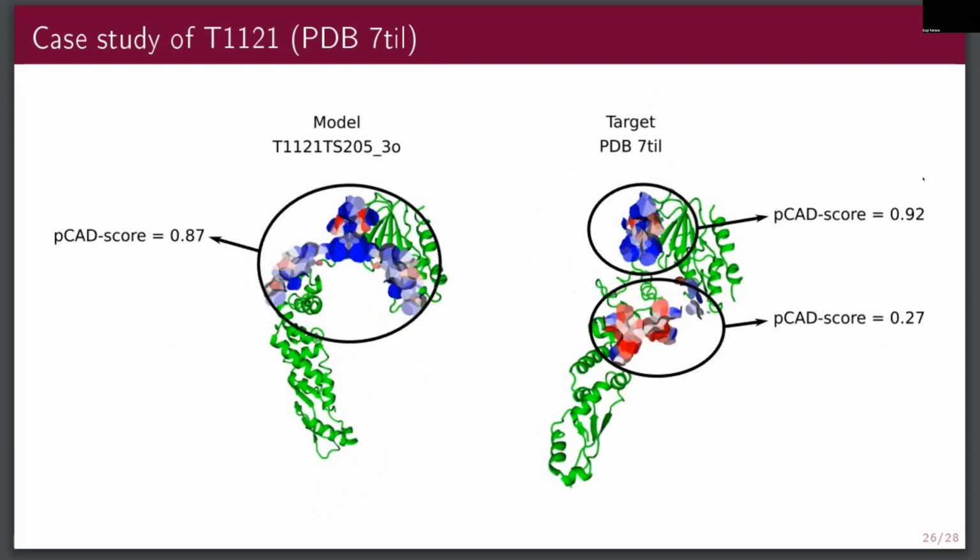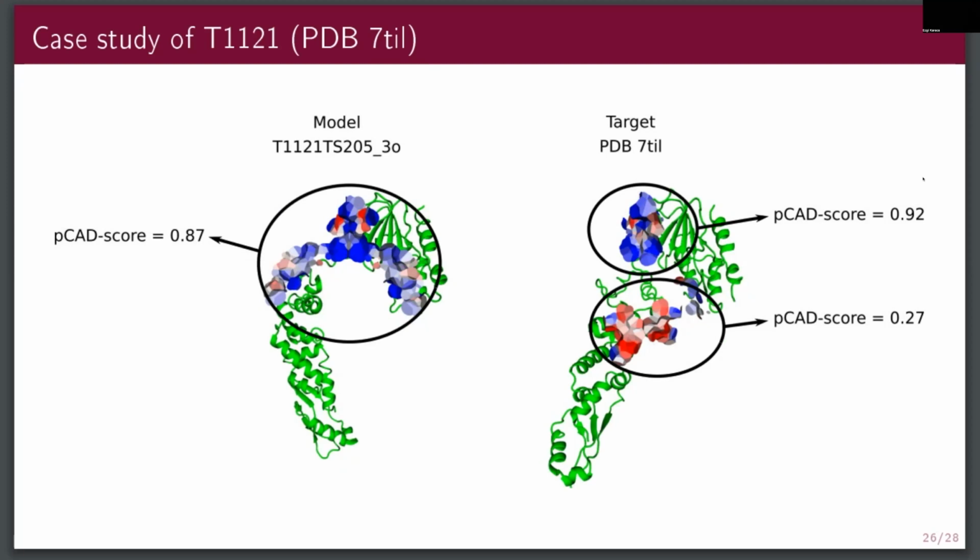Basically, because in the PDB structure we have two interfaces. One interface that is similar to the best selected model that we had was actually better in the target. But the other interface is really suspicious. I'm not really sure what's going on, but I would like to point out that with our method you can explore such things because we can basically choose what to select, what to look at.